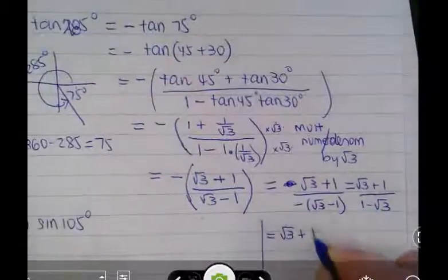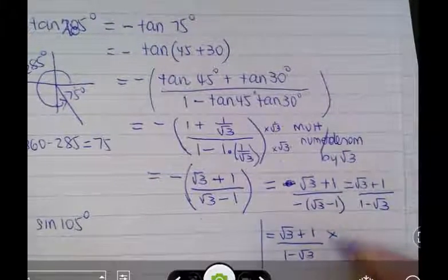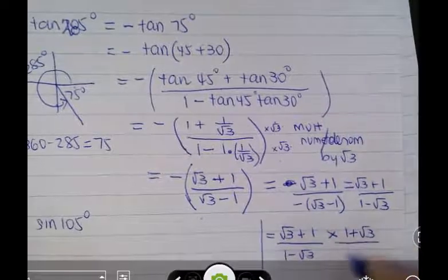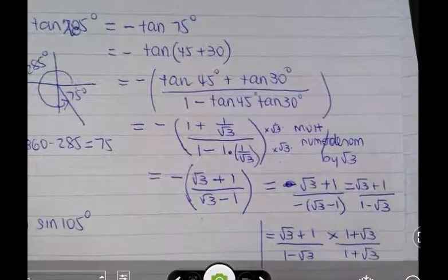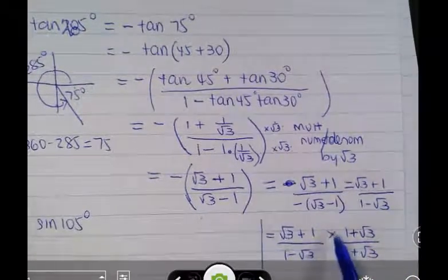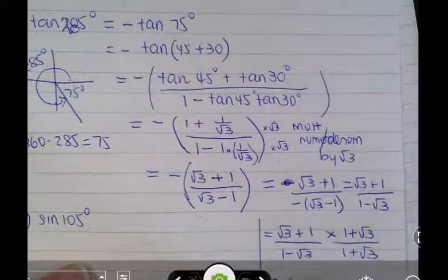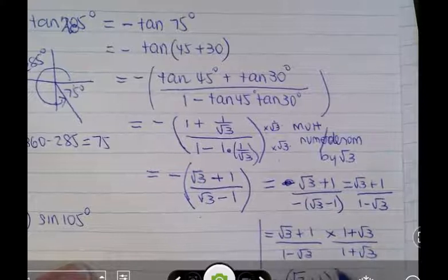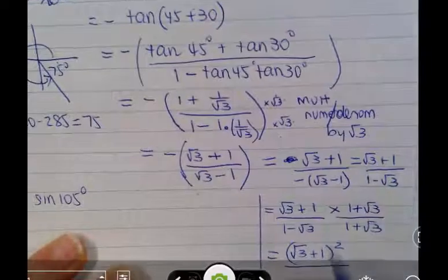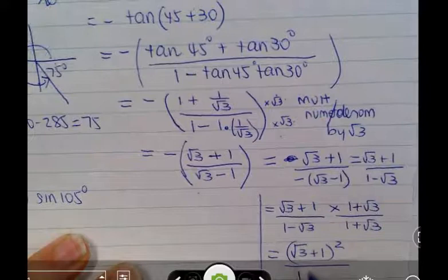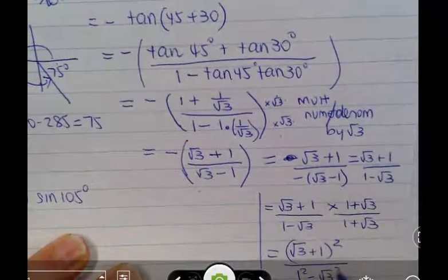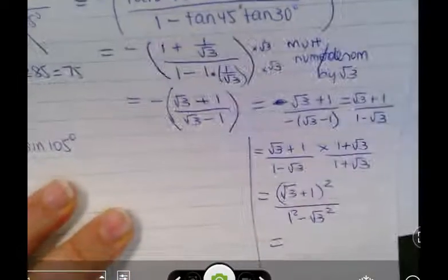So now I can rationalize that. So that's root 3 plus 1 over 1 minus root 3 times 1 plus root 3 over 1 plus root 3. Now, root 3 plus 1 is the same as 1 plus root 3. So this is really just root 3 plus 1 squared over, this is a difference of 2 squares, so it's 1 squared minus root 3 squared on the denominator.